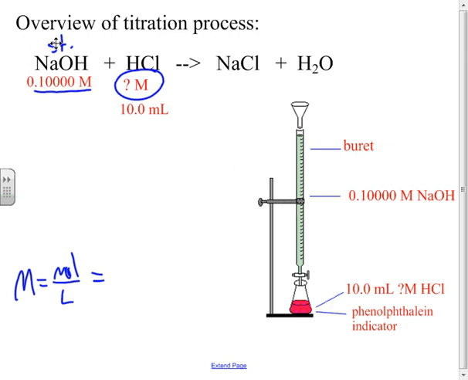To get the liters, I just choose a particular volume. Say I choose 10 milliliters, which will be 0.0100 liters. And so if I choose a particular volume, that then is my volume. My real trick here is how do I calculate the number of moles present?